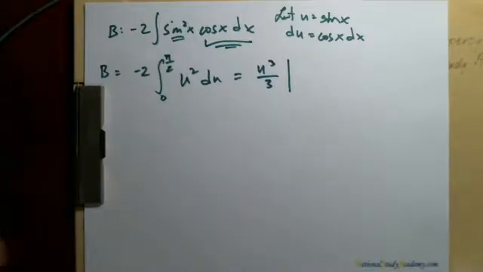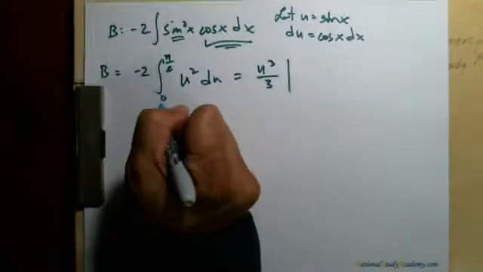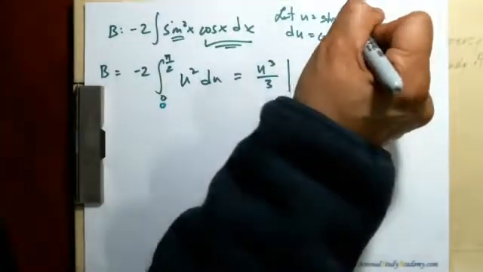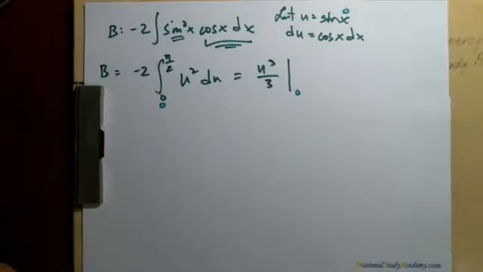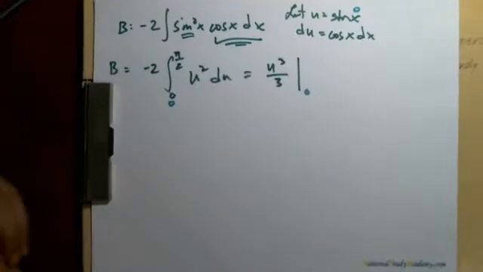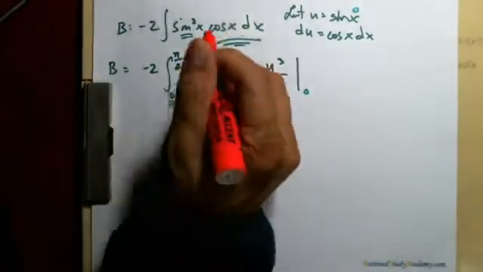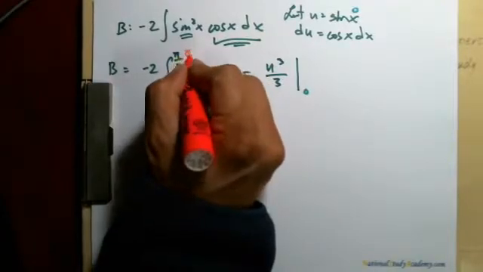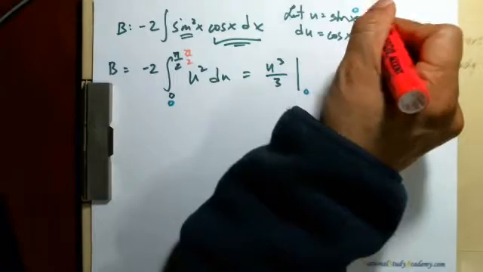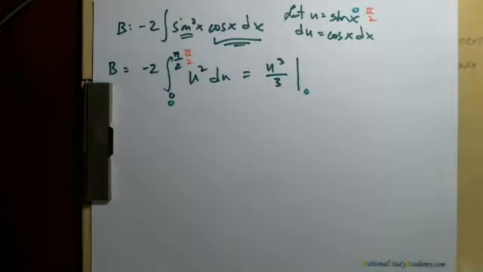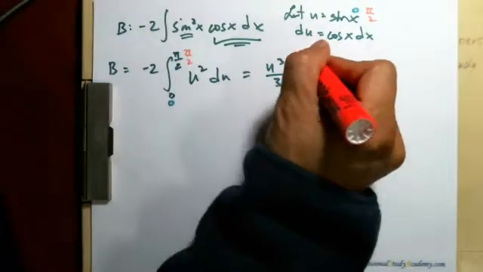And now we have to change the limits of integration. If you plug in 0, what's the sine of 0? It's going to be 0. We're going to use pi over 2. Sine of pi over 2, using your unit circle, becomes 1.